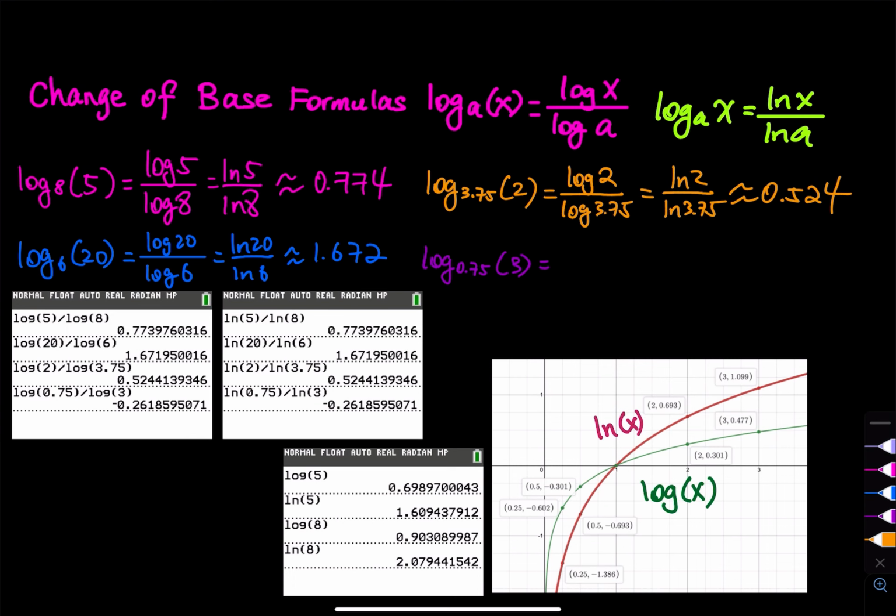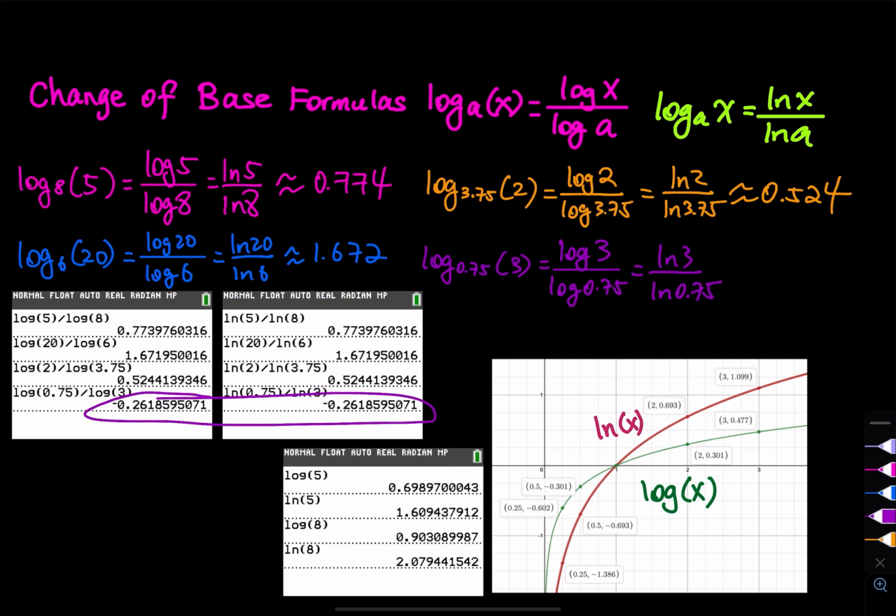And then the last one, log base 0.75 of 3. So this is log 3 divided by log of 0.75, and for ln, that would be ln 3 divided by ln 0.75. According to the last line, that is approximately equal to negative 0.262.